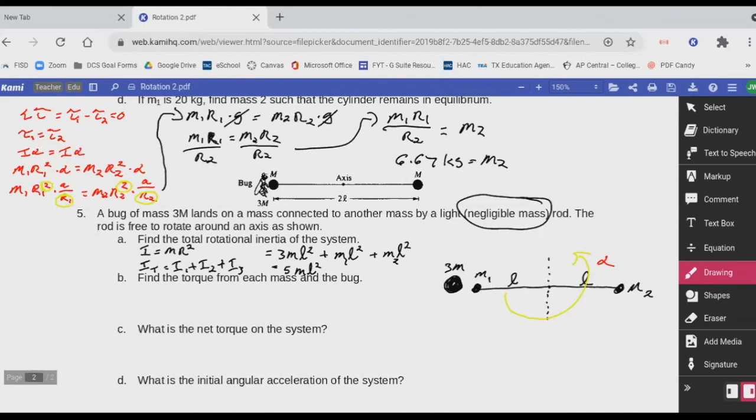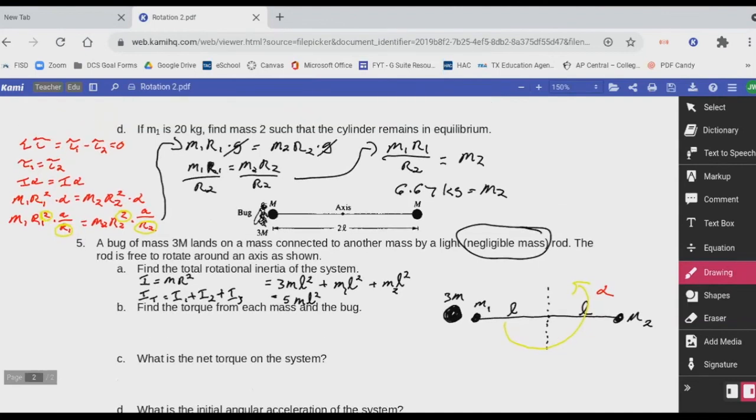All right, let's look at this a little bit further. Find the torque from each mass and the bug. So let's talk about what torque is again, and let's further confuse everybody. Not intentionally, it's going to happen that way. Over here on the right column, I'm going to say that torque is equal to I alpha.